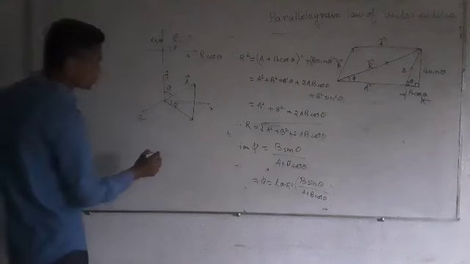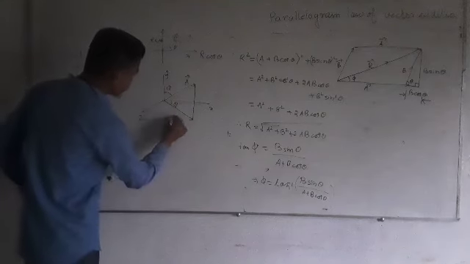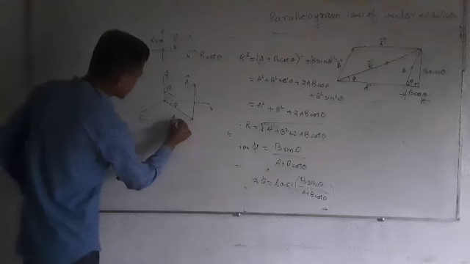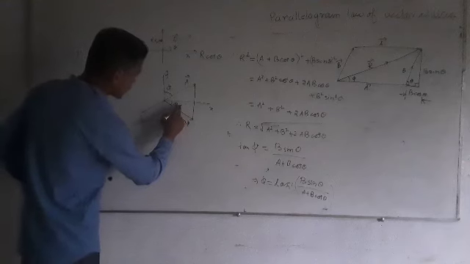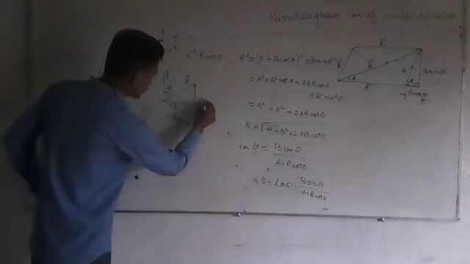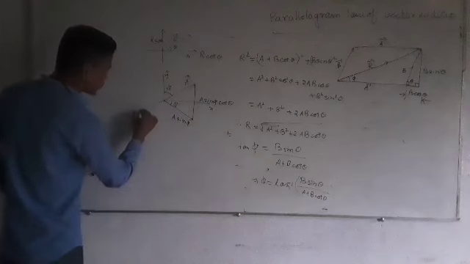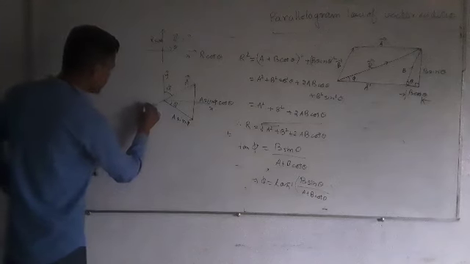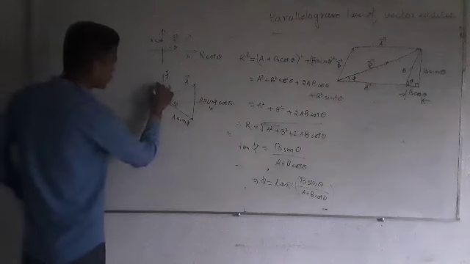Now, if this is phi, then the projection on the xz plane will be A sin phi. Now, this angle is theta. Therefore, this component will be A sin phi cos theta, this component will be A sin phi sin theta, and this component will be A cos phi.